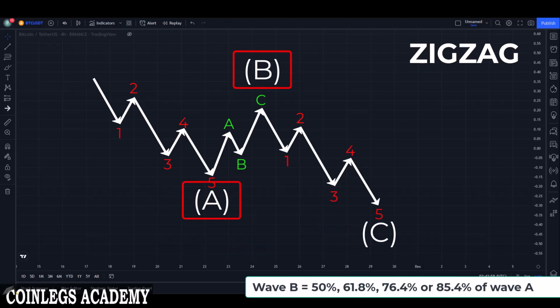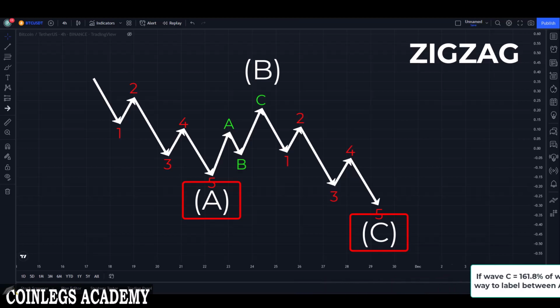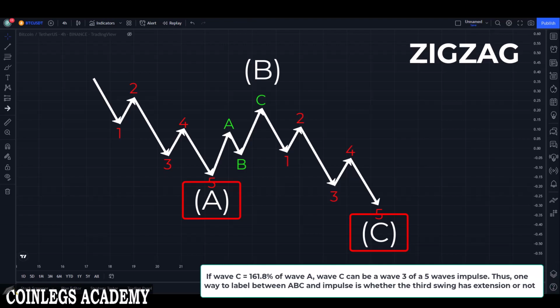Fibonacci ratio relationships in this zigzag formation: wave B can be 50, 61.8, 76.4 or 85.4% of wave A, and wave C can be 61.8%, 100 or 123.6% of wave A. If wave C is 161.8% of wave A, wave C can be a wave 3 of a 5-wave impulse.